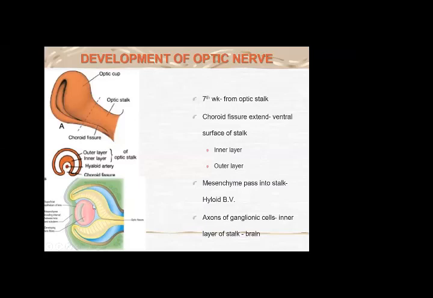The axons of these cells, ganglion cells, they pass into the optic stalk from all over. Axons lining the retina, innermost layer of the retina, they pass into the optic stalk. They pass over here. And from there it enters into the brain, because the cavity inside is continuous to the cavity of the brain.